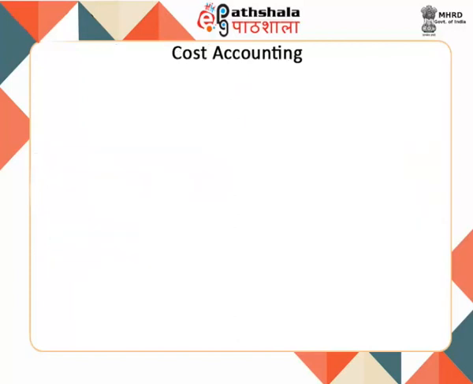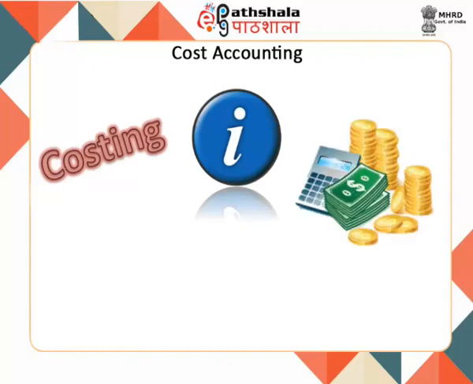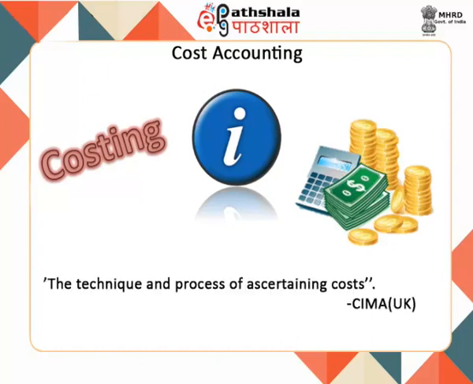The terms costing and cost accounting are often used interchangeably. Cost accounting is a branch of accounting which specializes in providing information about detailed cost of products or services being supplied by the entity. The CIMA UK has defined it as the technique and process of ascertaining costs.